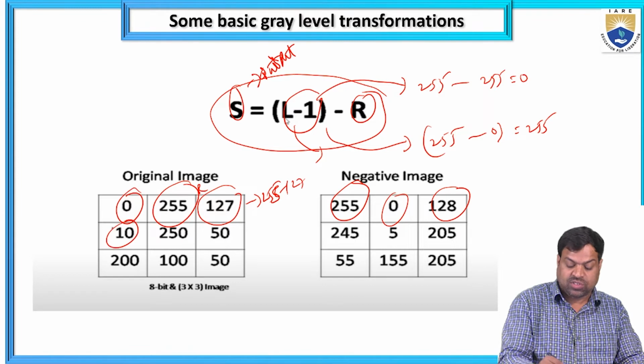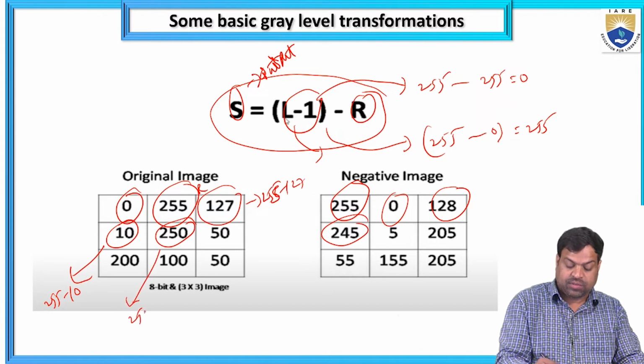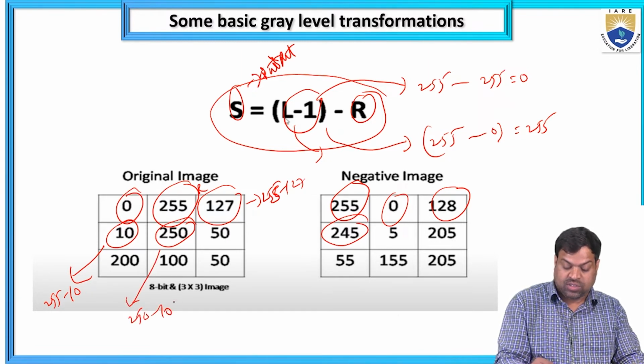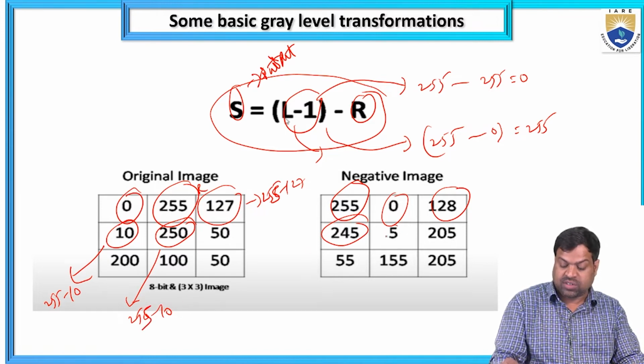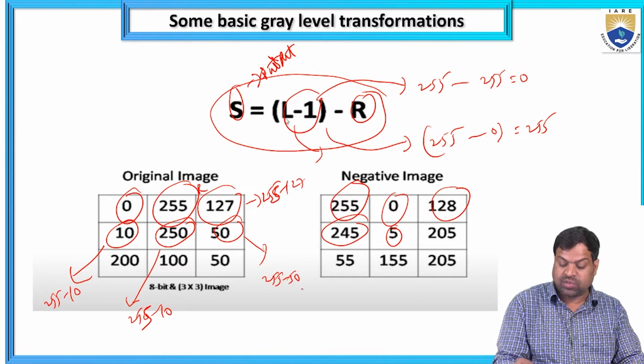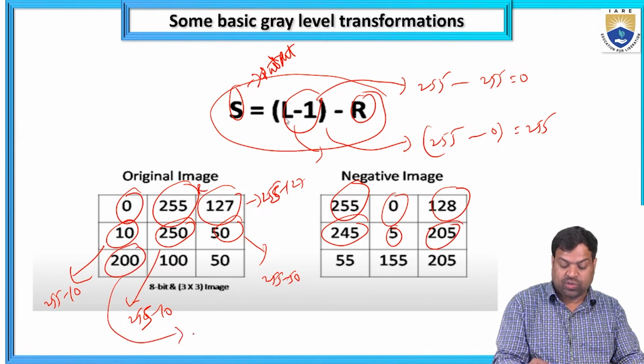Here also 255 minus 10 is 245. Next, 50: 255 minus 50 is 205. Here 200 is there: 255 minus 200 is 55.